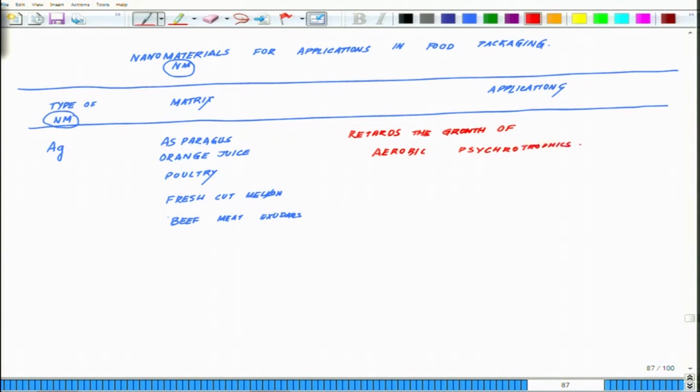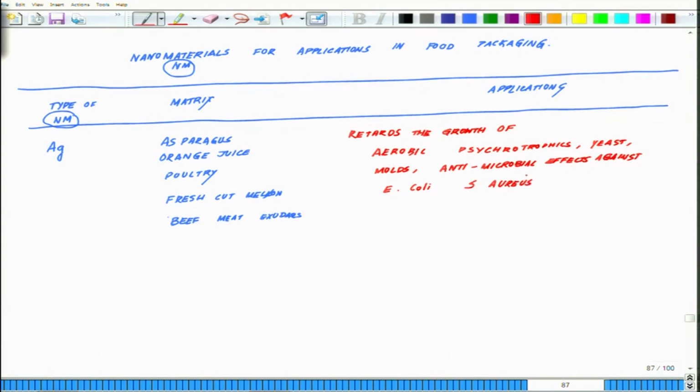Next, retards the growth of yeast, molds, and antimicrobial effect, antimicrobial effects against E. coli and Staphylococcus aureus, S. aureus.